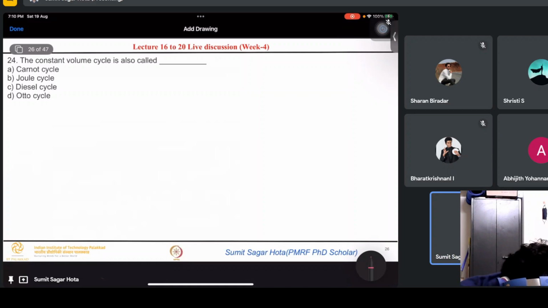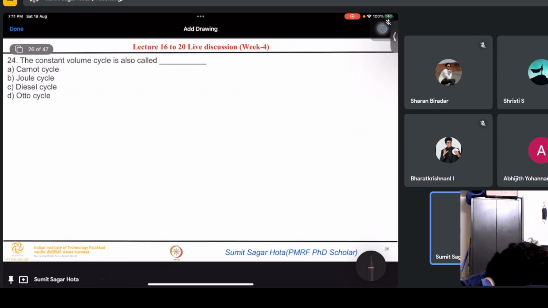They will ask a tricky question about which one is the speciality of the cycle. In a Brayton cycle, it is the constant pressure process. In the diesel cycle, one constant pressure and one constant volume. So the answer is Otto cycle. Other cycles are not in our syllabus.